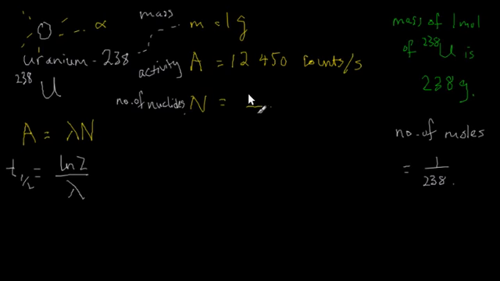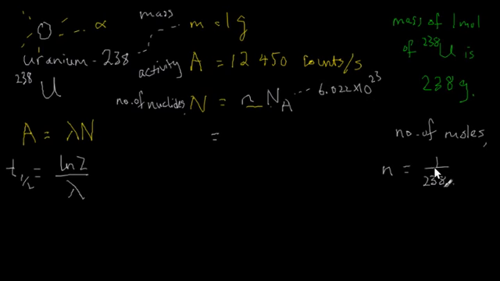So N would be the number of moles times the Avogadro constant. We know what the Avogadro constant is. It's 6.022 times 10 to the power of 23.